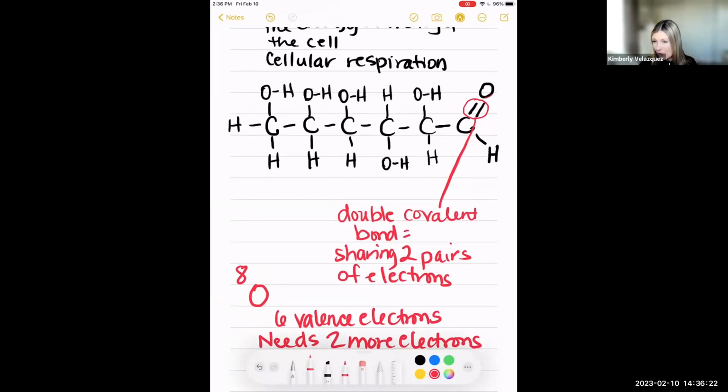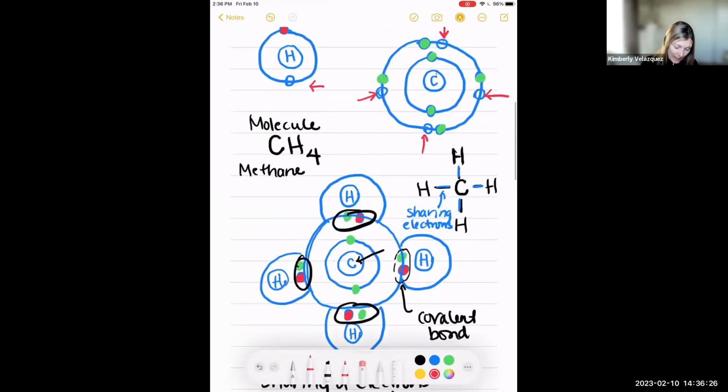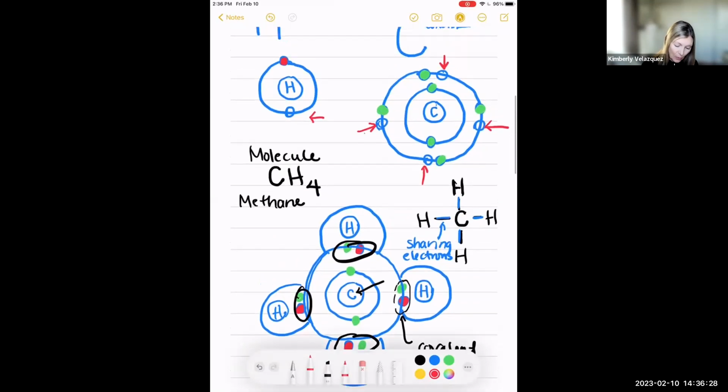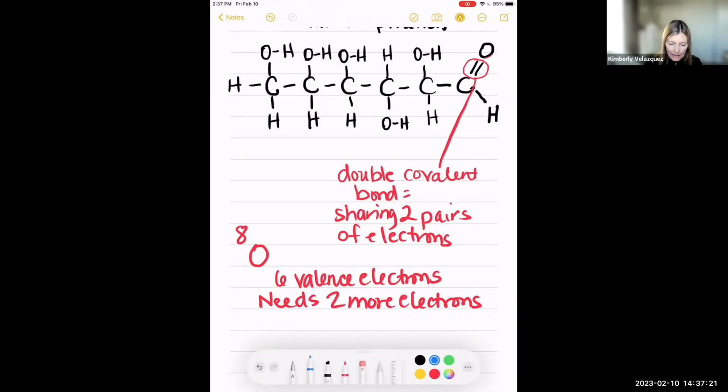Carbon needs to share 4 pairs of electrons. Remember, carbon has 4 in the outer shell. That means carbon needs to share 1, 2, 3, 4 pairs of electrons to complete its outer shell. Looking at this carbon on the end, that carbon is sharing 1, 2, 3, 4 pairs of electrons. So again, this double bond counts as sharing 2 pairs of electrons. Let's look at the next carbon over. 1, 2, 3, 4.